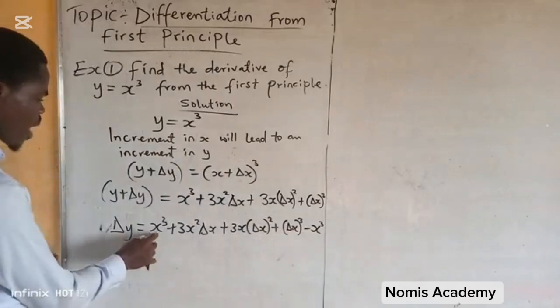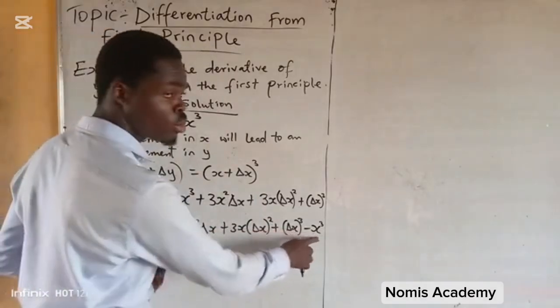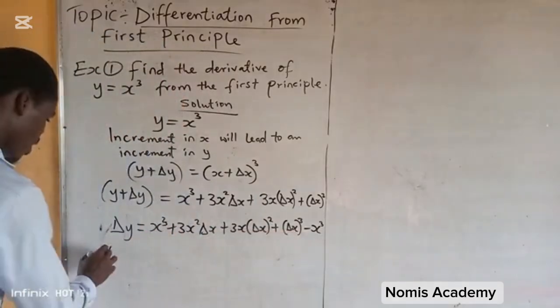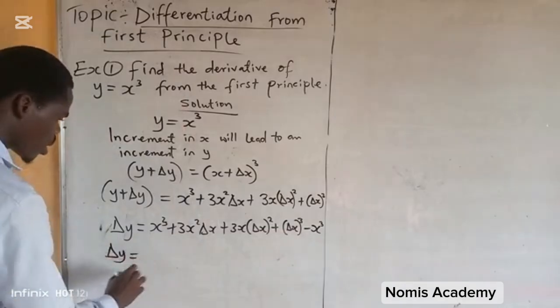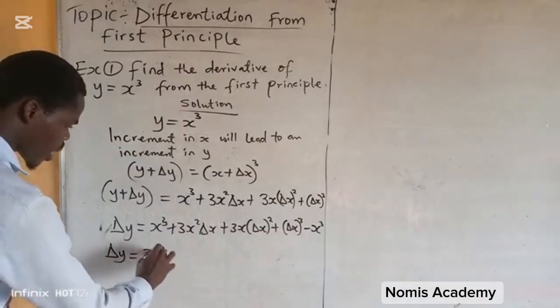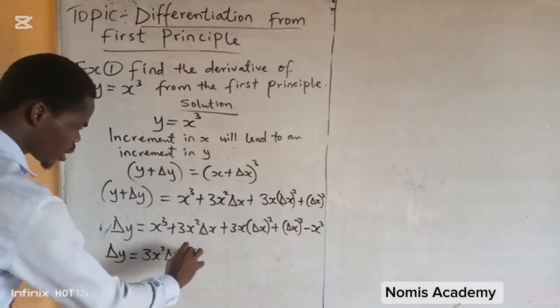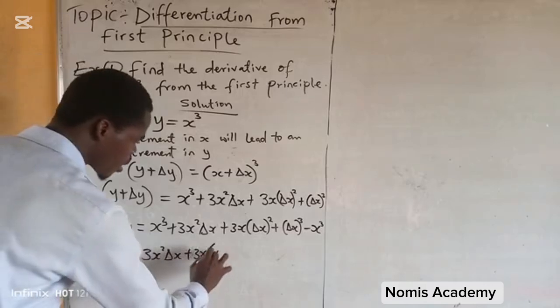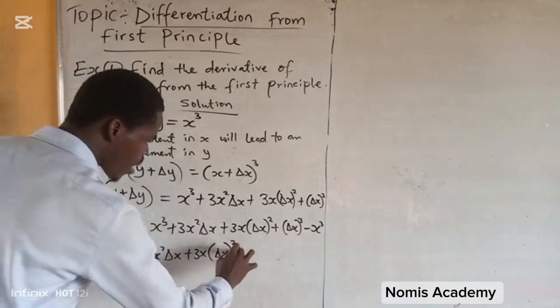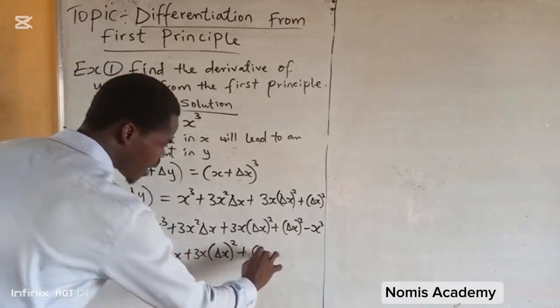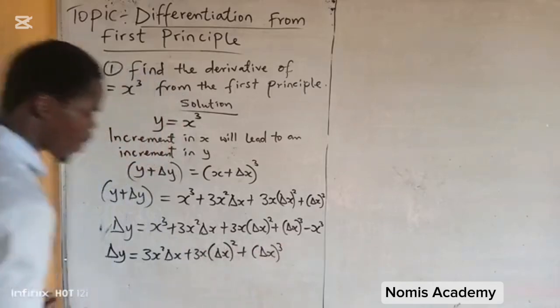So here we have x cubed minus x cubed, which is 0. So we have delta y equal to 3x squared delta x plus 3x delta x squared plus delta x cubed.